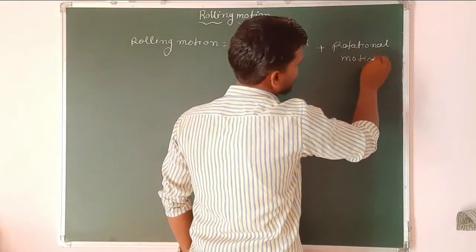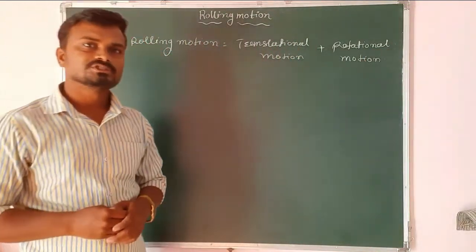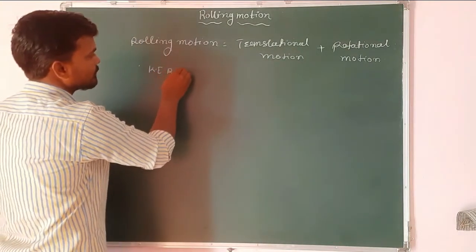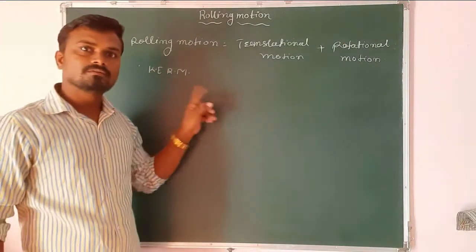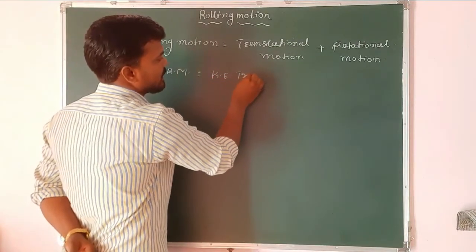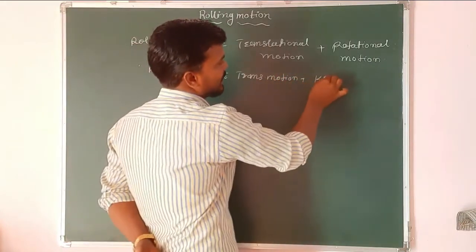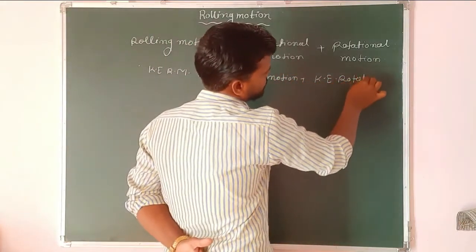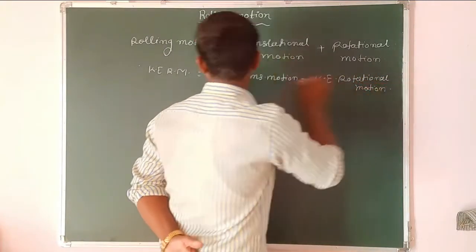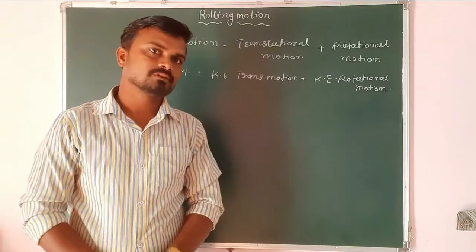Hence, kinetic energy of rolling motion is equal to kinetic energy of translational motion plus kinetic energy of rotational motion.